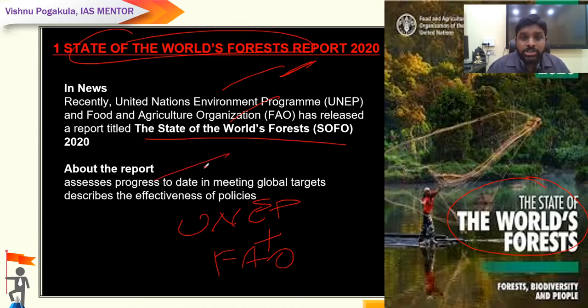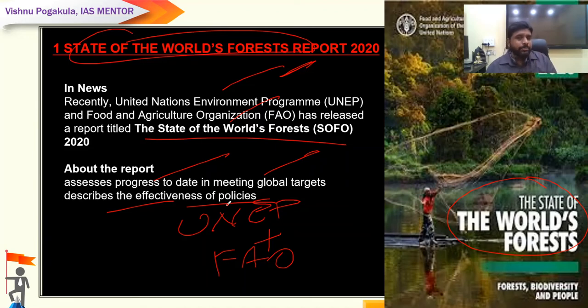It assesses the progress to date in meeting global targets and describes the effectiveness of the policies. Various policies are made by the respective countries in order to curtail deforestation, curtail climate change, and save the environment. This report studies whether governments are following those policies or taking them seriously.